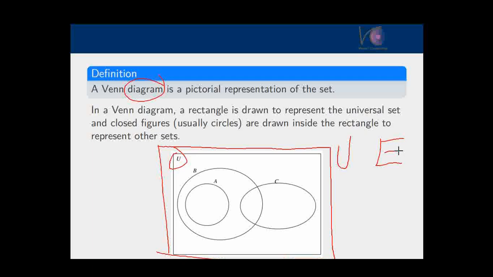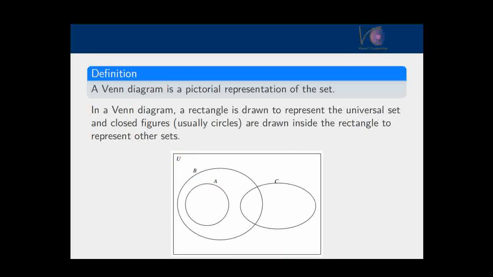Remember, any other set is denoted by a capital letter. So under this Venn diagram, or under this universal set, we have three sets. One is set A, the other one is set B, the other one is set C. So maybe let's go step by step to represent this Venn diagram.